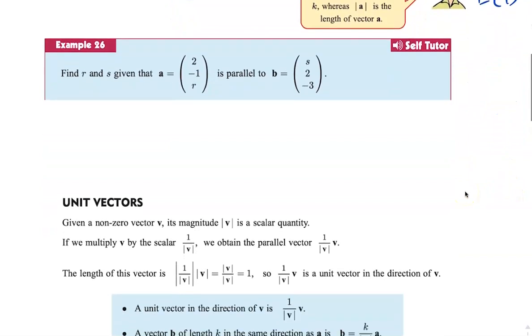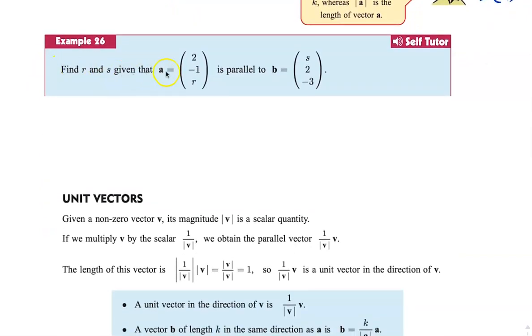With that in mind, let's look at this one. Find R and S given that A is parallel to B. They're parallel, so I know that if I multiply these entries by some number K, I get the other vector. Let's set that up. From the top, I have 2 times K equals S. From the middle, I have -1 times K equals 2.